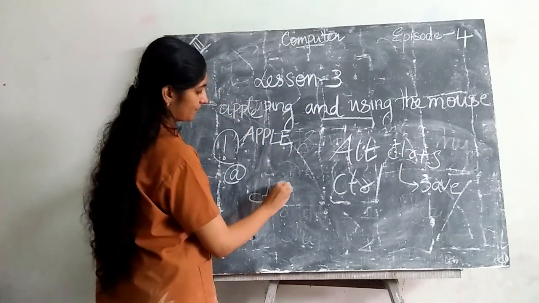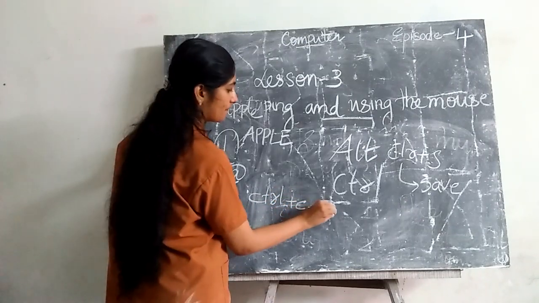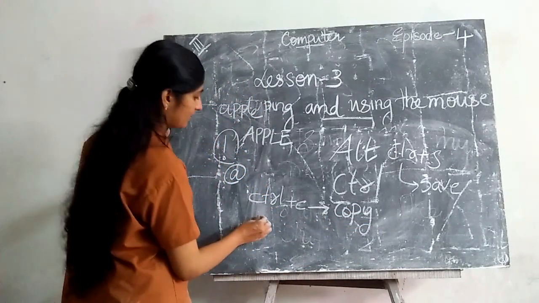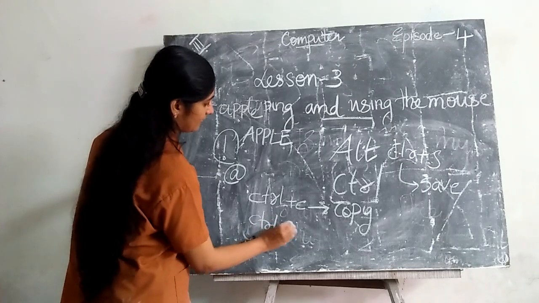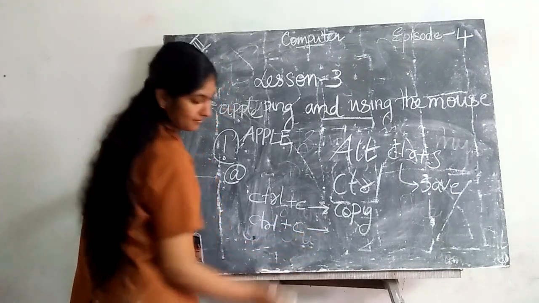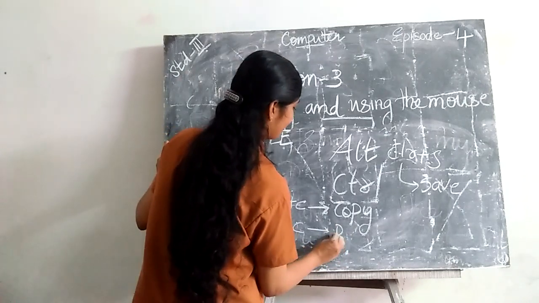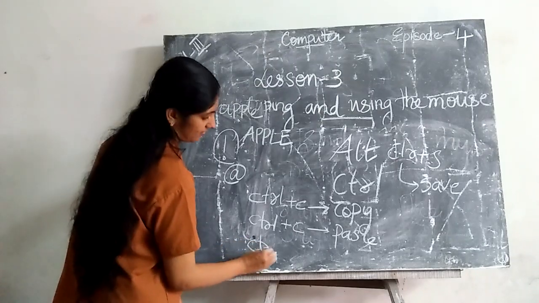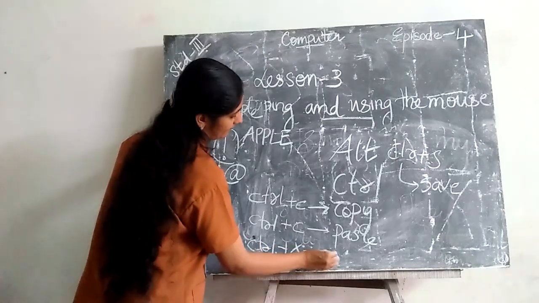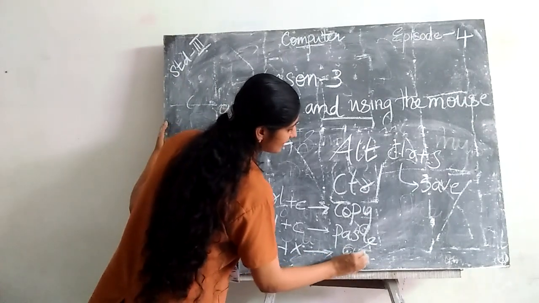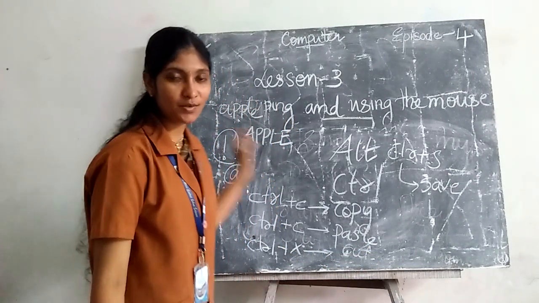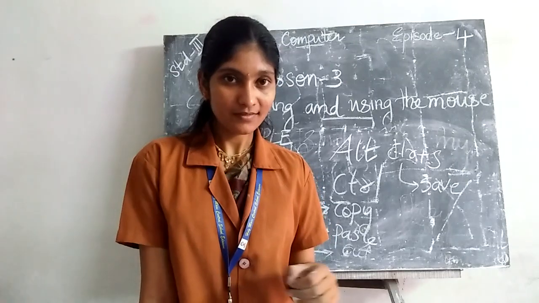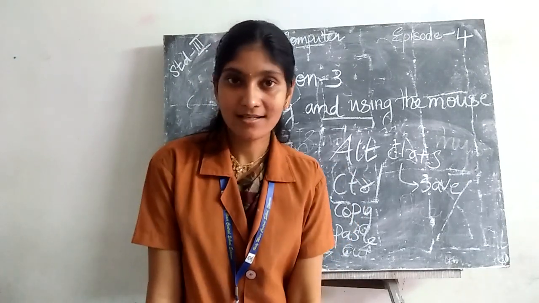Control plus C is for copy. Then Control plus V is for paste. Then Control plus X is for cut. These control and alt functions are shortcut keys that help us do our work easily. That's why we use alt and control functions.